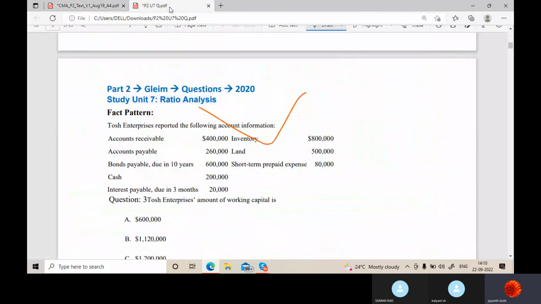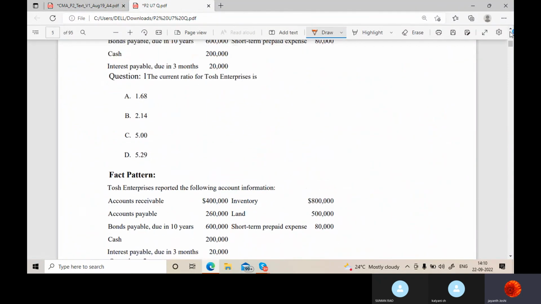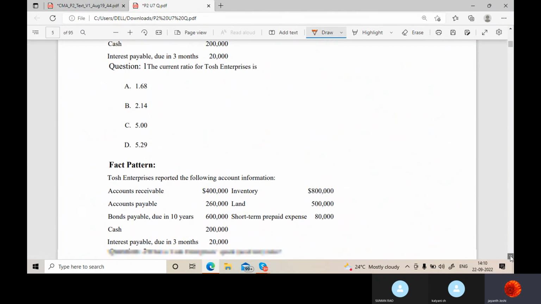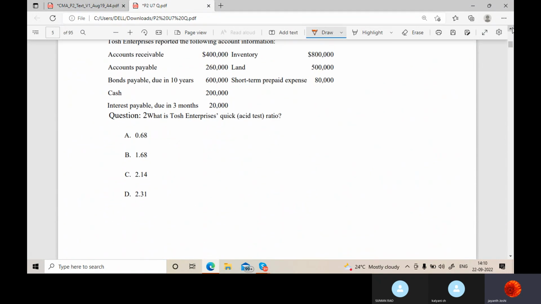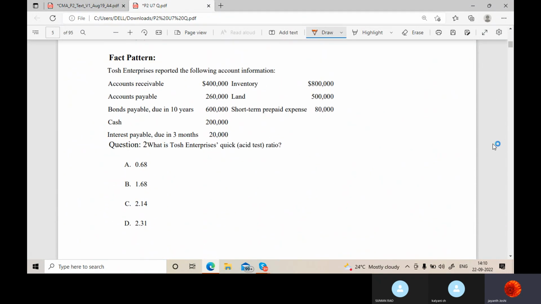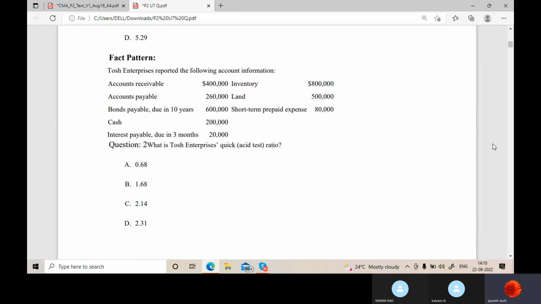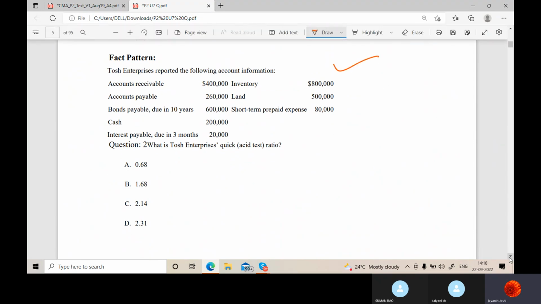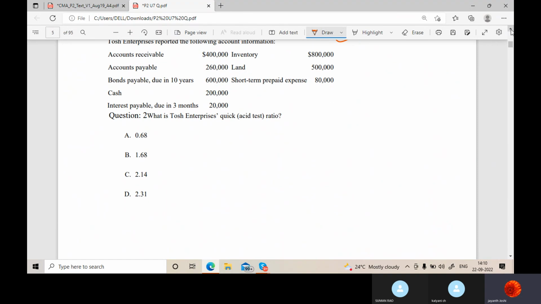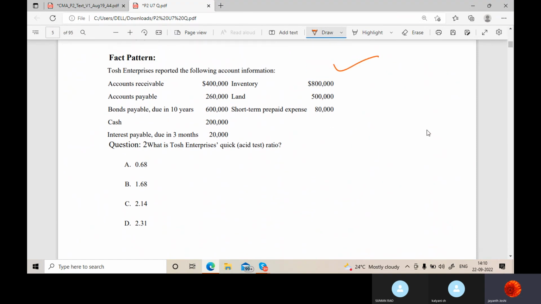So this is not the previous question. Do this question. Sir, while doing ratios, even this kind of question will be asked to find out the... Yes, yes. And there are more typical questions.